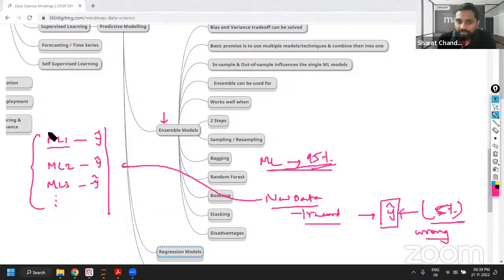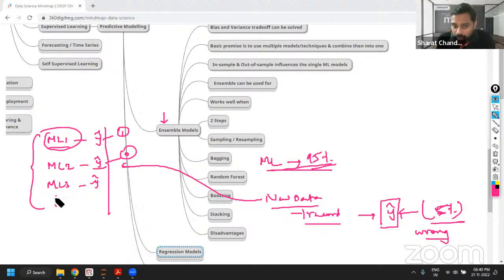The point is, if machine learning model 1 says this is 1, let's say in a student's case it's pass, or in COVID's case this model says the patient has COVID, but another model says the patient does not have COVID, then obviously there is some issue with one of these prediction models.